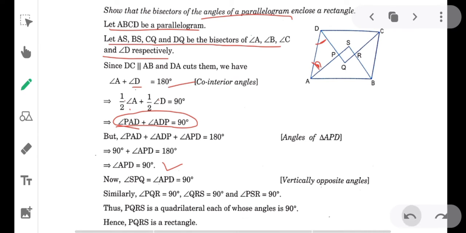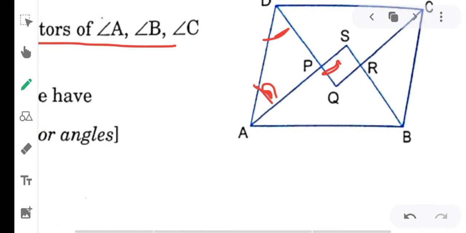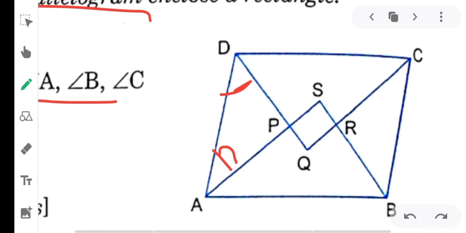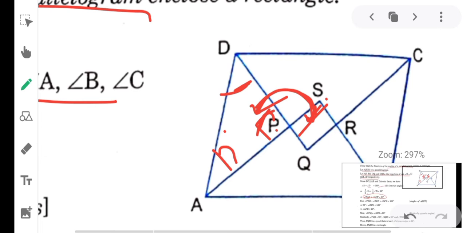If APD is 90 degrees, then SPQ is also 90 degrees, because these two angles are vertically opposite angles. So if these angles become 90 degrees, then obviously SPQ will be 90. Clear?